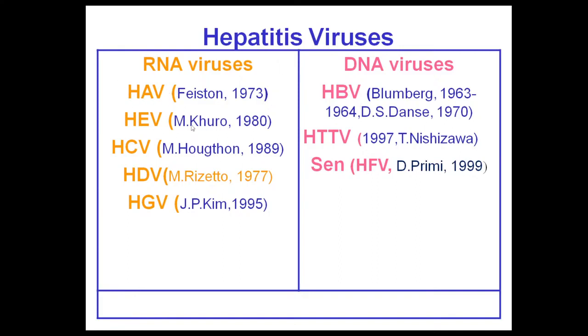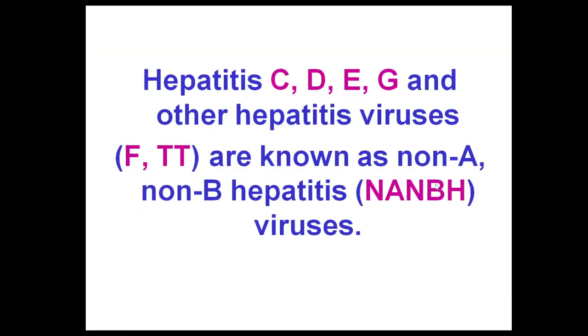Then hepatitis D virus was discovered in 1977. Then HEV in 1980. And then we've got the hepatitis C virus, TTV, and the hepatitis G virus, and the last one, hepatitis F virus. It's still speculated what kind of virus this is, so we won't discuss it so much.